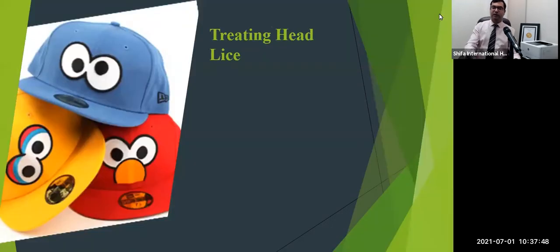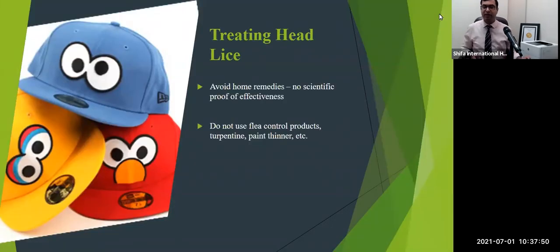And again, avoid home remedies. कुछ लोग जो हैं, some people have been using flea control products, paint thinner and turpentine. Please don't use those, they are not effective against head lice.